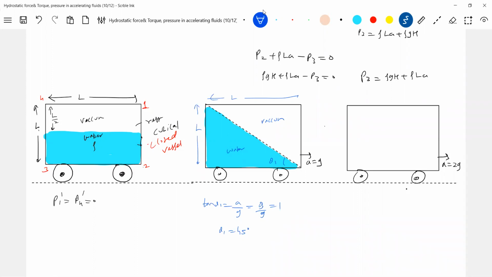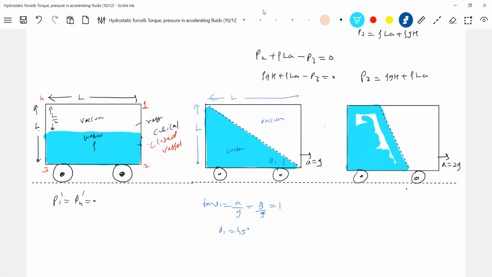It's a closed one, no? So it will not permit the liquid to spill out. It will not permit the water to spill out. So what should happen? It all depends upon the acceleration. I made it equal to 2g. So the free surface will come, the liquid will get aligned like this.